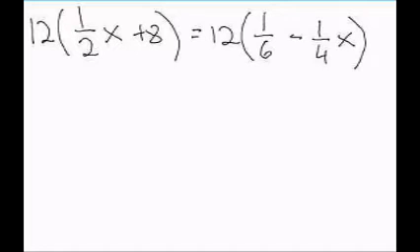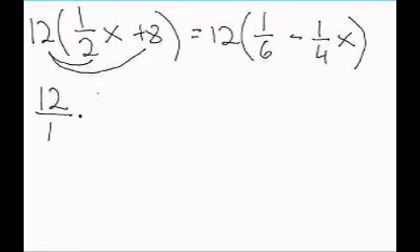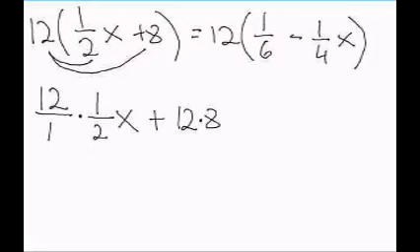Okay, so now I'm going to distribute, and since I'm going to be dealing with fractions, I'm going to rewrite 12 as 12 over 1. As I distribute the 12 through this sum, I do 12 over 1 times 1/2 x plus, I still have 12 times 8.